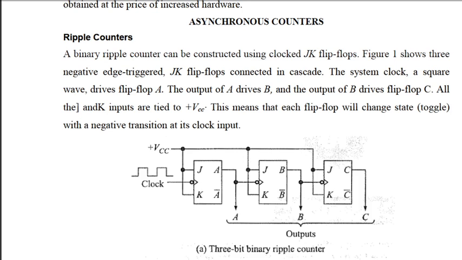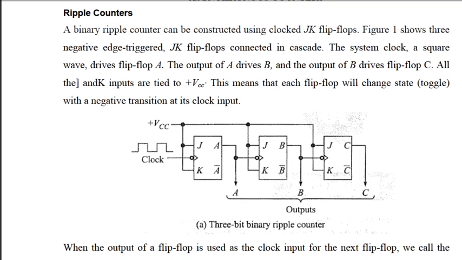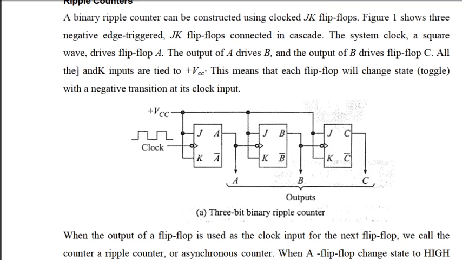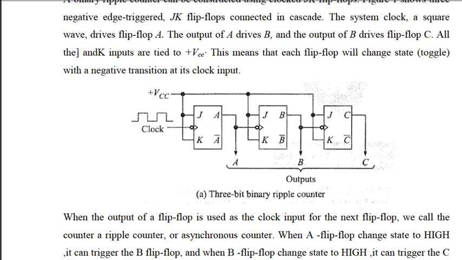Then the output of the first flip flop, that is A, is given as the clock to the second flip flop, and the output of the second, that is B, is given as the clock to the third flip flop. Since both J and K are always at 1, whenever the negative edge of the clock comes, the output changes.